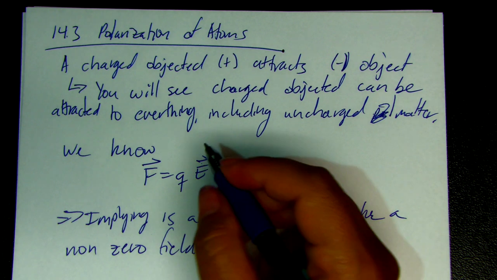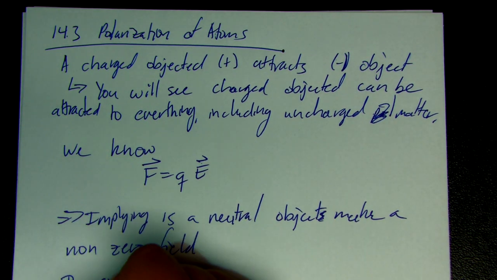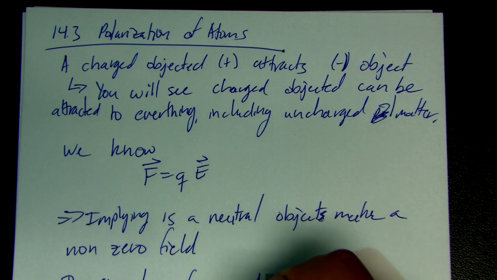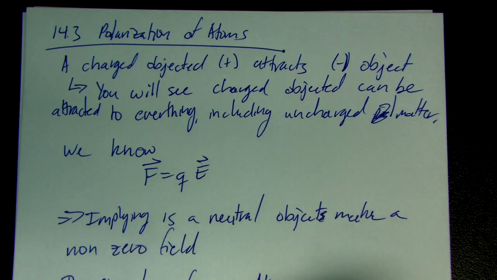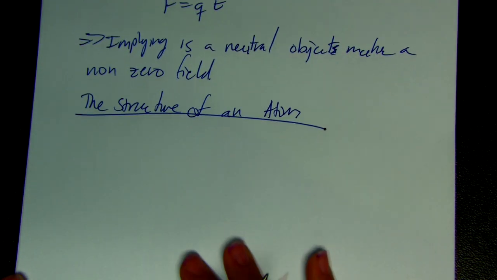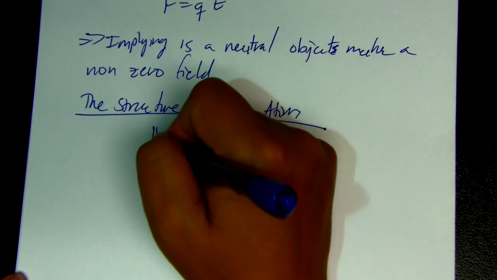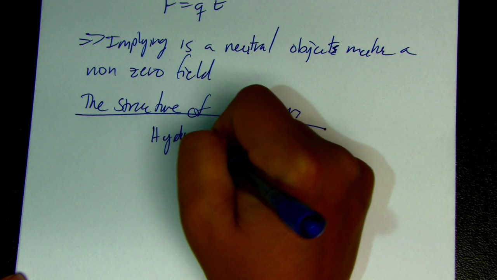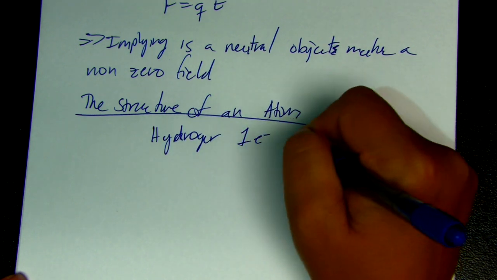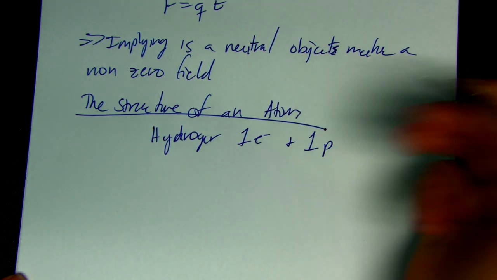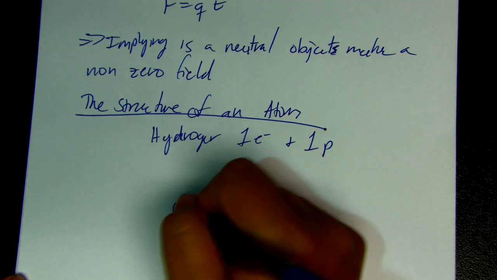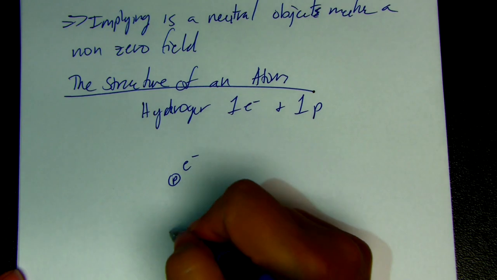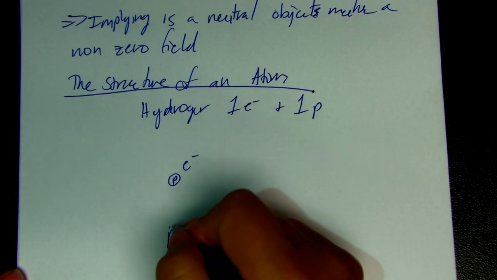And to do this, we need to go back to the structure of an atom. So we're going to do an easy atom, which is, of course, hydrogen. So 1 electron and 1 proton. So you've got your proton, and then you've got your electron. And if you recall, electrons don't have those nice, neat orbits.